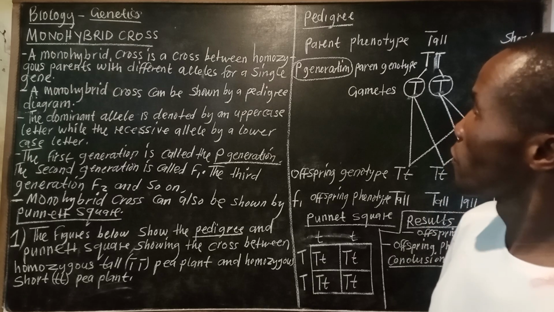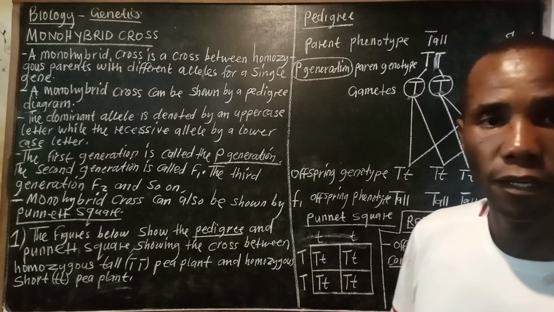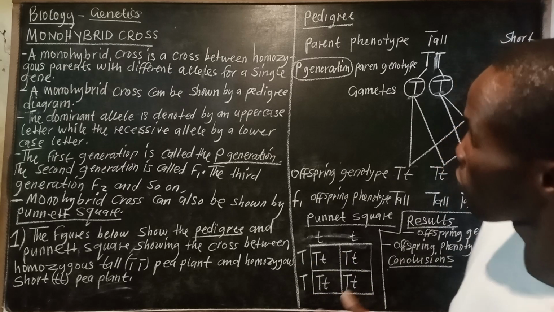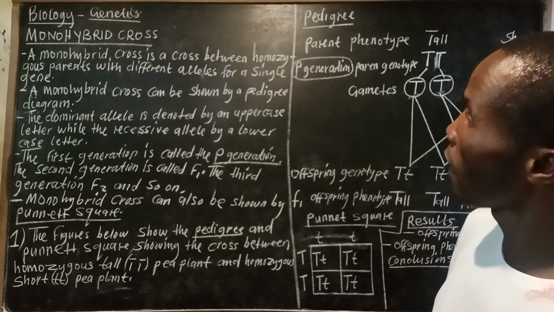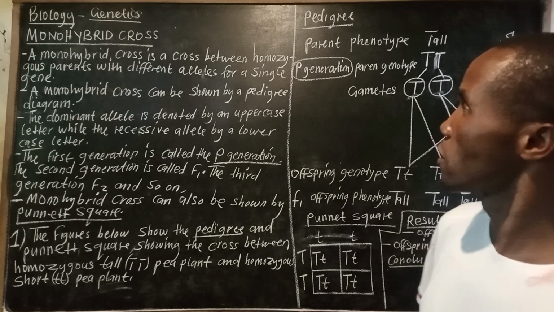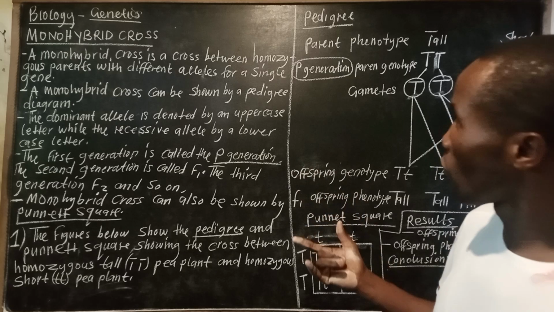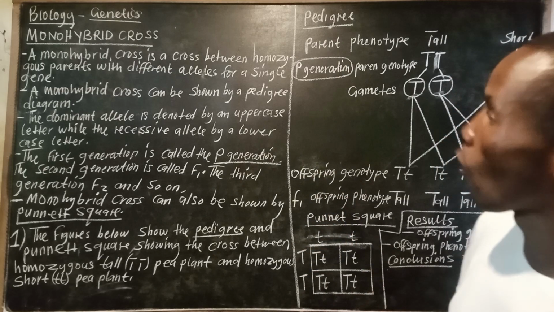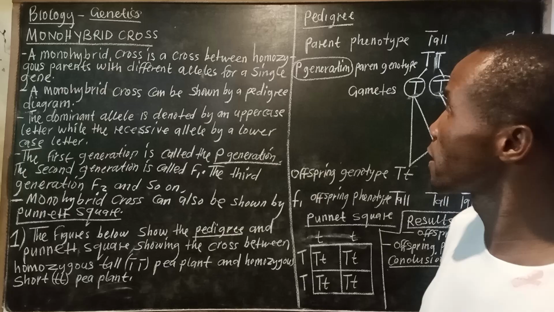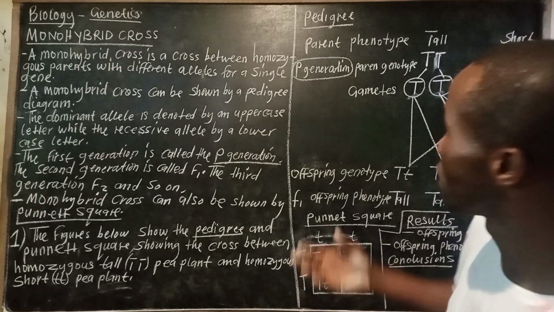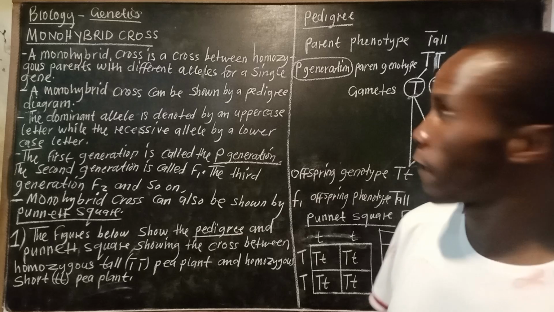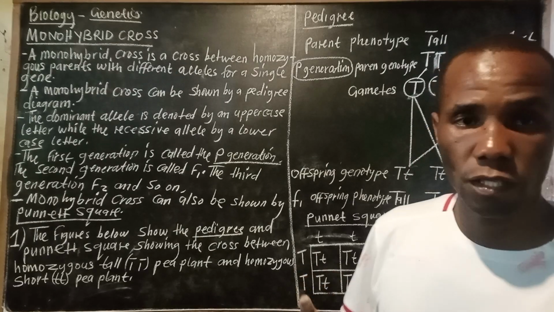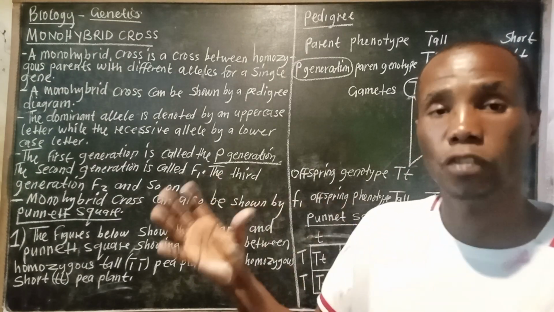Quickly, let me run you through the points that I've highlighted under monohybrid cross. A monohybrid cross is a cross between homozygous parents with different alleles for a single gene.